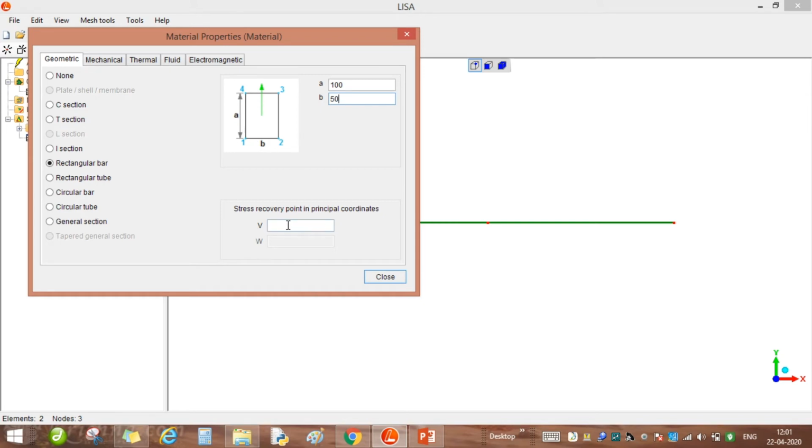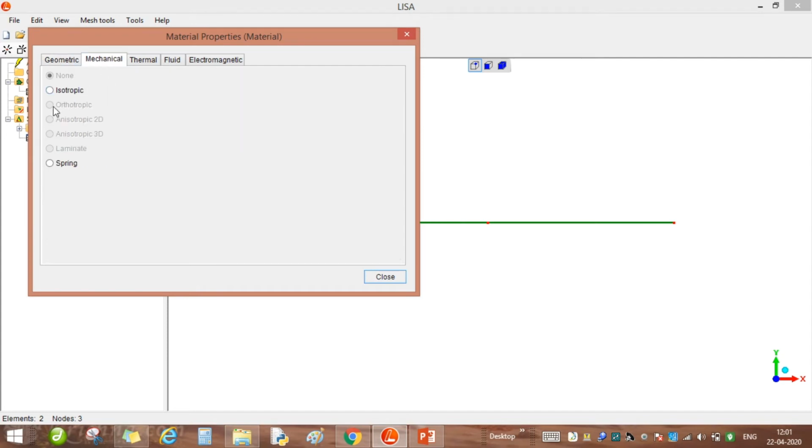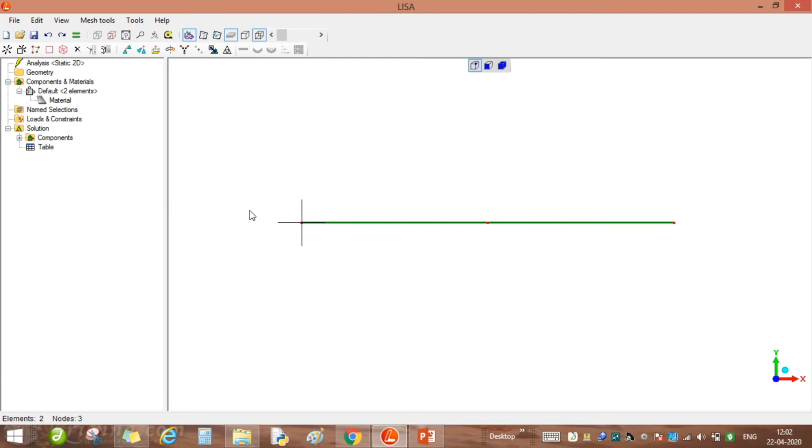We will be creating the stress recovery point here, which we will discuss later on. Once we solve as it is, then we will introduce this. Then isotropic, let me give this 200 gigapascal or 200 into 1000 megapascal, that is Newton per mm square, and Poisson's ratio as 0.29. So this completes the modeling.